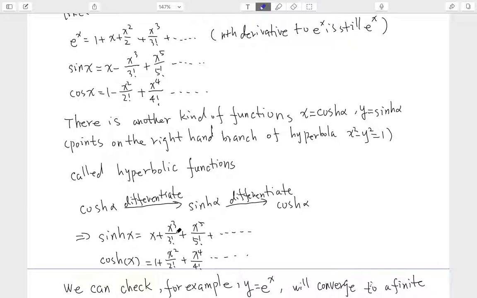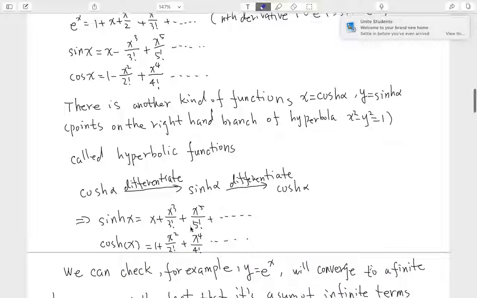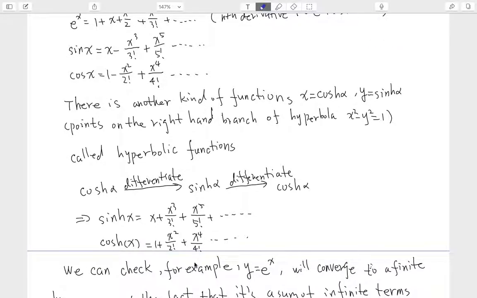Next is another problem. Since all these functions are expressed in the form of infinite sums, we might have a doubt whether these infinite sums become infinite ultimately. And we have a criterion to check that.